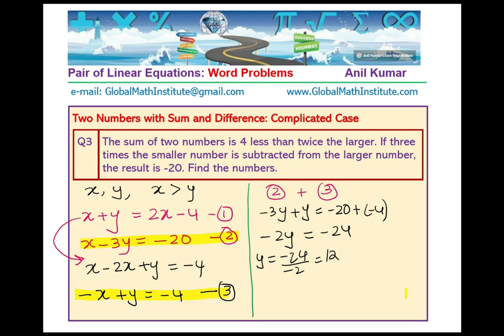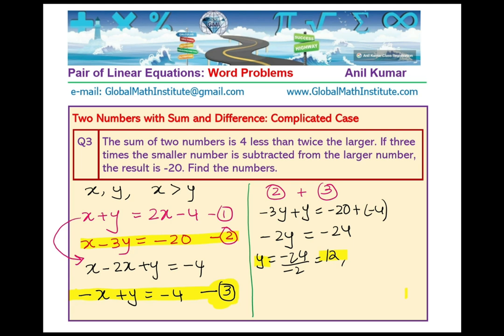Once you get the value of y, you can use one of your equations and then find the value of x, right? So I'm going to use the equation 3, right? So we'll substitute y equals to 12 in our equation number 3. Make sense? So what do we get?